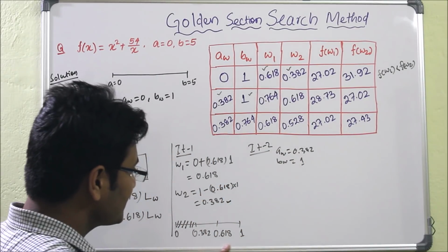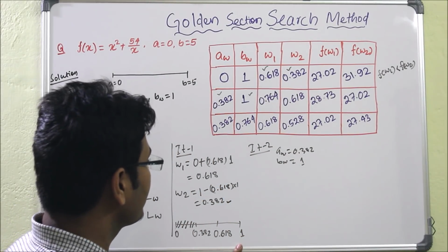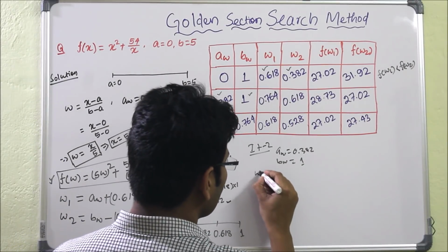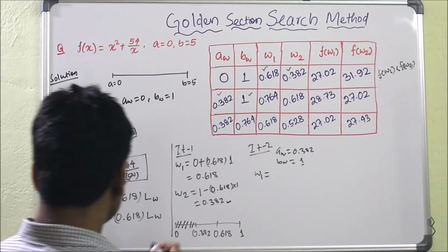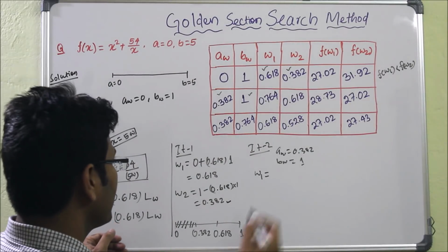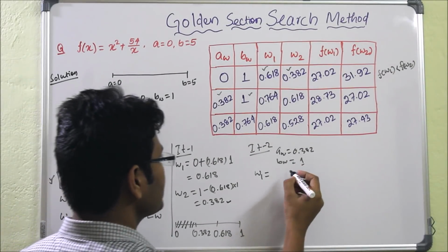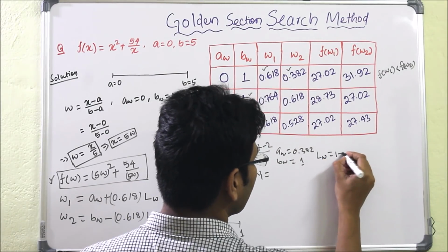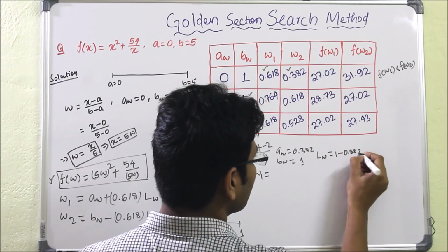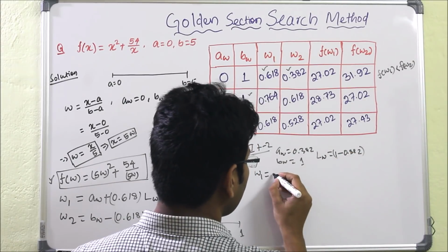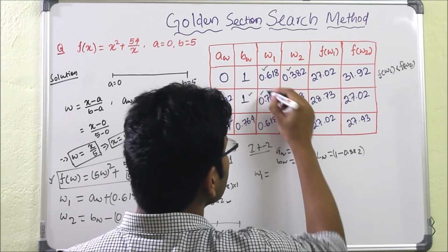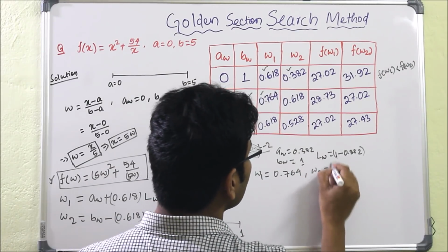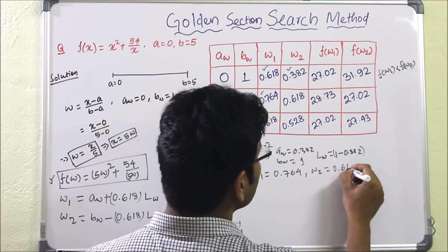By using this interval, we will find f of w1 and f of w2 again. We apply the same formula, but here aw is 0.382, bw is 1, and lw will be 1 minus 0.382. So w1 will be 0.764 and w2 will be 0.618.